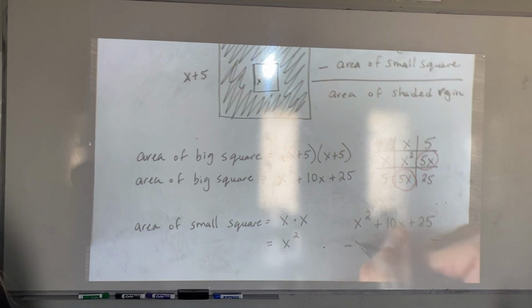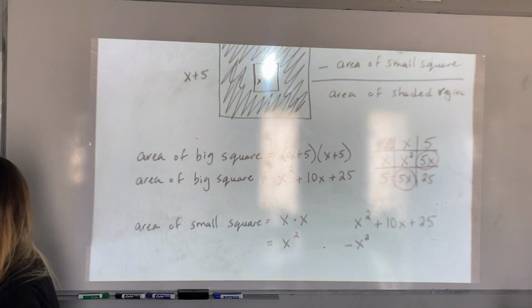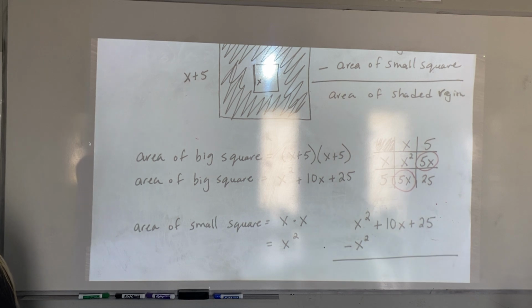So subtract x squared. I'm gonna put it where it has a like term, right? And we're just gonna subtract. x squared minus x squared is what? Nothing. So what am I left with? No, I'm not left with nothing. 0 plus 10x plus 25, which is 10x plus 25.